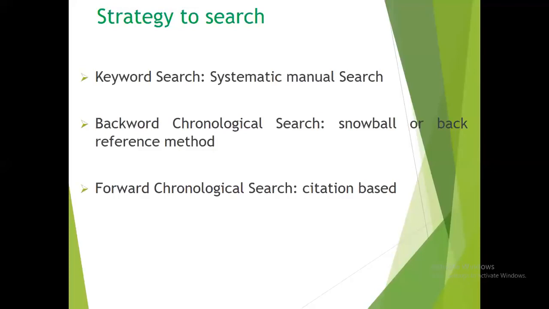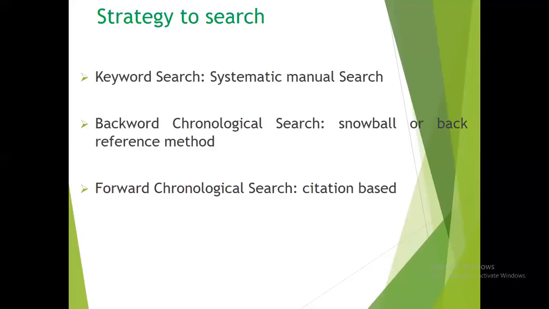If you find a number of references that are more or less similar to that area, without searching for any article on the internet, you can directly follow the references of that research article. That is considered a backward chronological search.